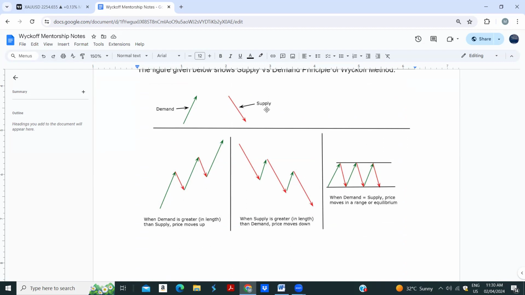And when the price is decreasing, this signifies that there is a supply. Whenever the demand is greater than supply, the price moves up. When the supply is greater than demand, the price moves down. When demand is equal to supply, the price moves in a range.